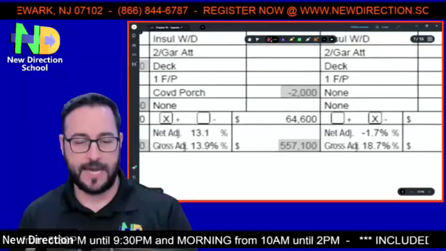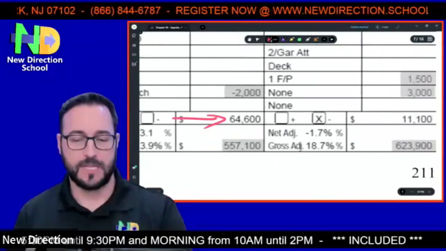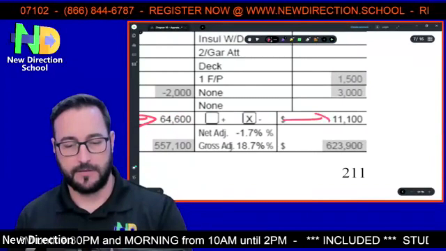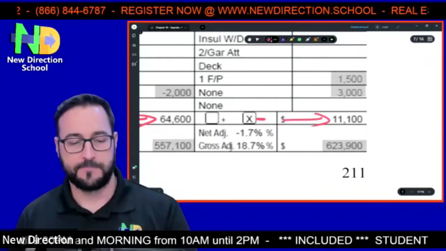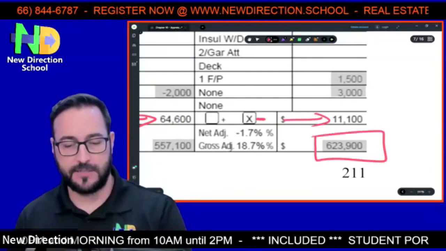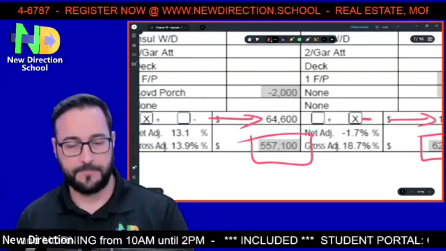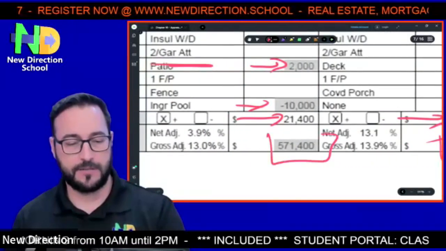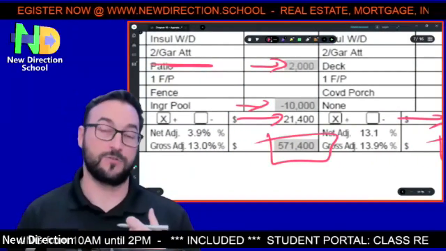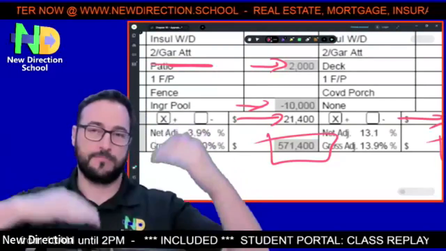To this one, we added $64,000. To this one, we took $11,000 minus. So now these are the adjusted comparable prices. And the average of these 3 is what will give the value to our property after these adjustments.